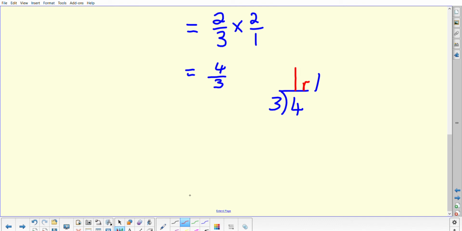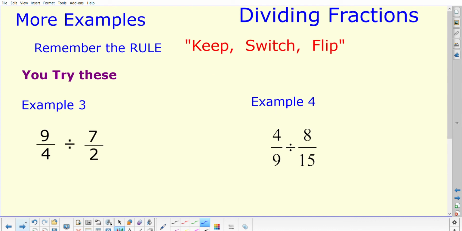So when I write down my answer, the 1 on the top is my number of whole pieces, and the remainder is how many thirds I've got left over. If I have 4/3, I can make 1 whole piece and 1 bit left over. So that's still using our knowledge of mixed numbers and improper fractions as well.